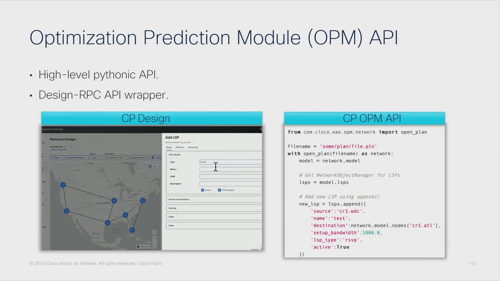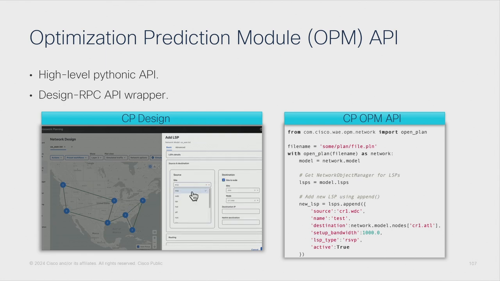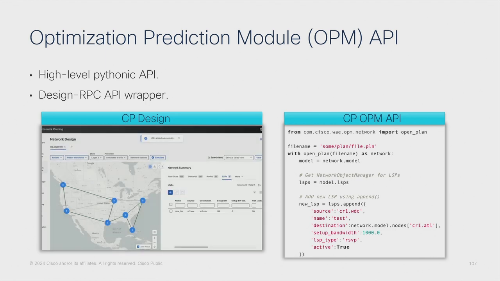But what if we need to add multiple LSPs, 100 or 1,000 LSPs? We will need to automate this task, right? So to do so, we can use Crosswork Planning APIs. So on the right side, you can see a code snippet of a Python script where we are using our OPM APIs. So the first important thing is that we need to import the OPM library.